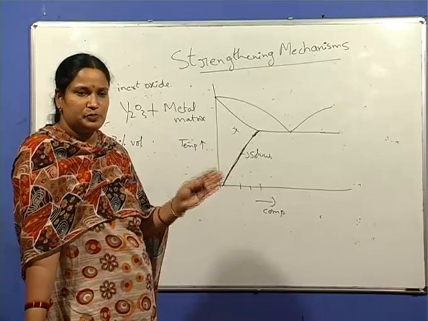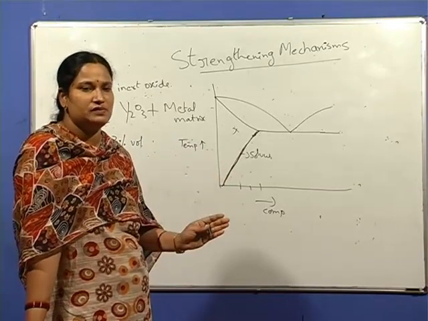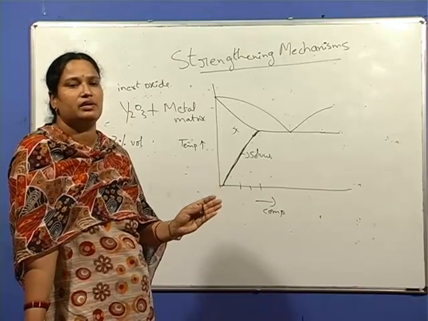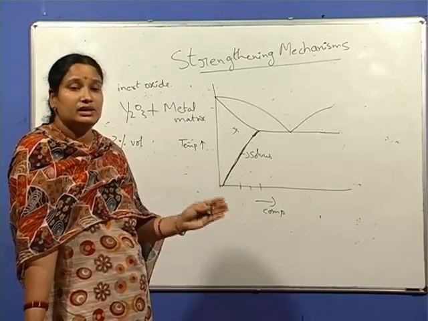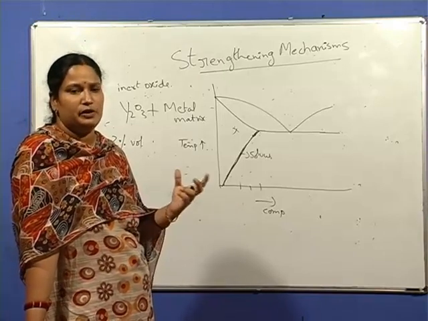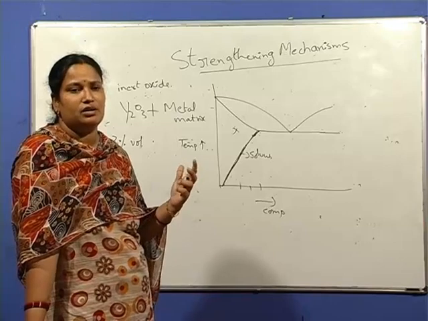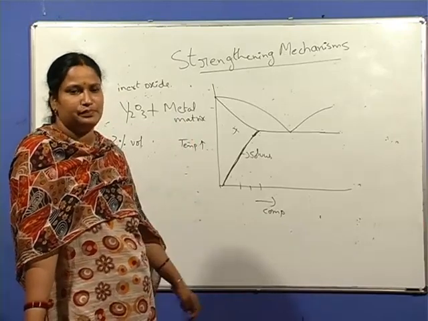In the case of precipitation hardenable alloys, the alloys need to have a sloping solvus, and the precipitate is required to be coherent with that of the matrix. Whereas in the case of dispersion strengthening, one can theoretically produce an infinite number of dispersion strengthened alloys. Why?